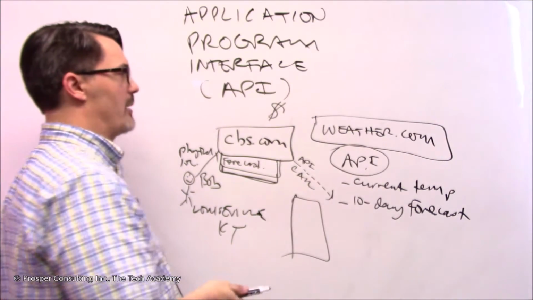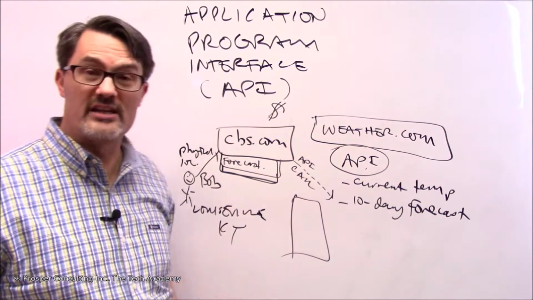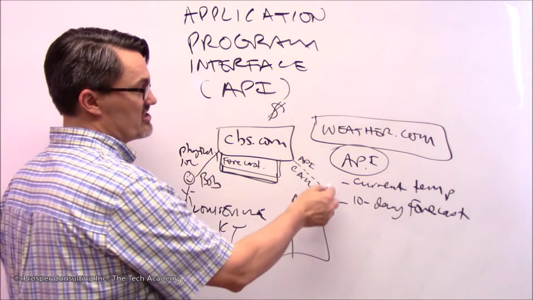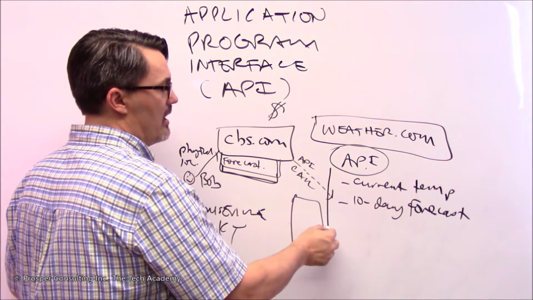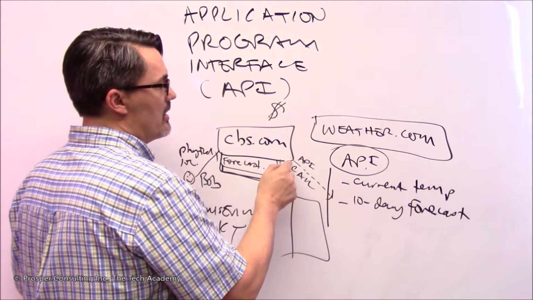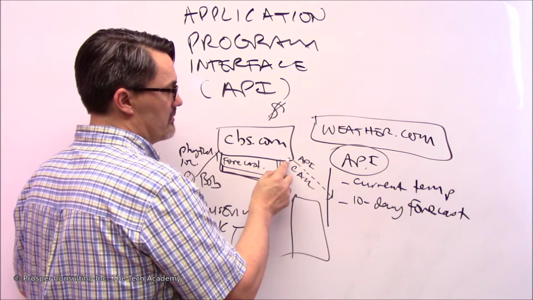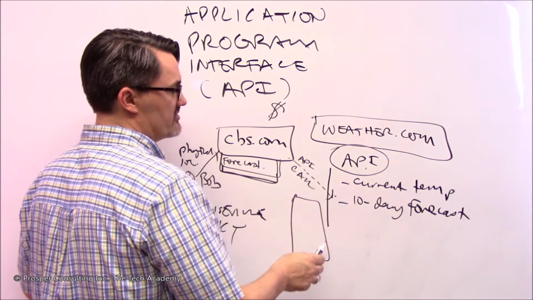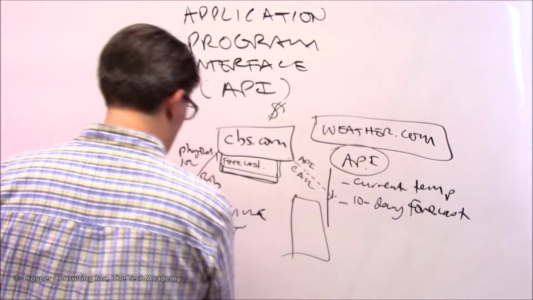The software programmers at Weather.com can create a special piece of software that has a connection to the internet. And they can publish a little guide that says, listen, if you are a website and you want a 10-day forecast, then you need to give us the following pieces of data.